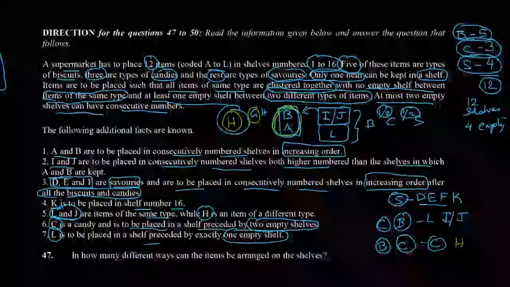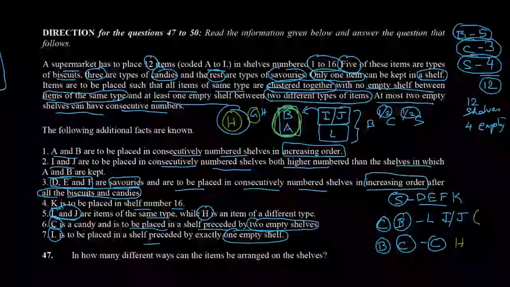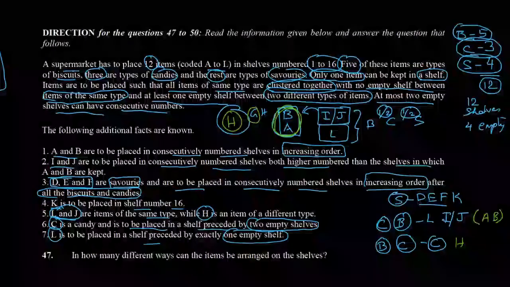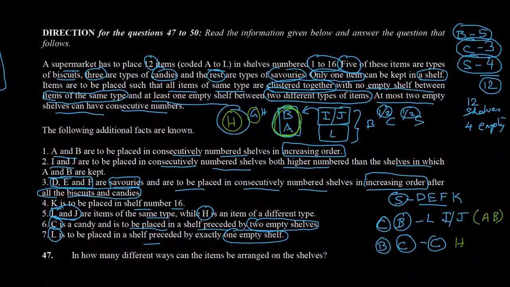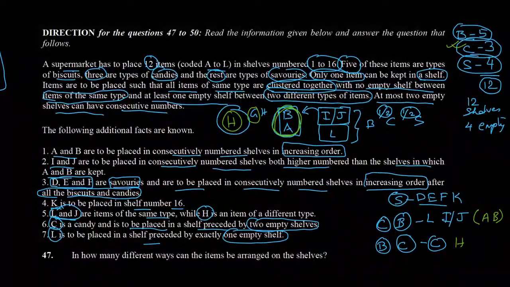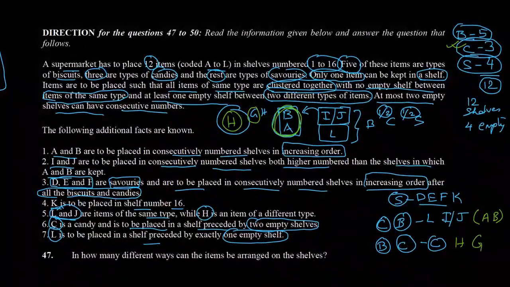Now if we take A and B to be biscuits, then we will have 5 biscuits. But if we take AB to be candies, we will get 4 candies, which cannot happen because we have a total of 3 candies. So A and B have to be biscuits, and G has to be automatically candy.